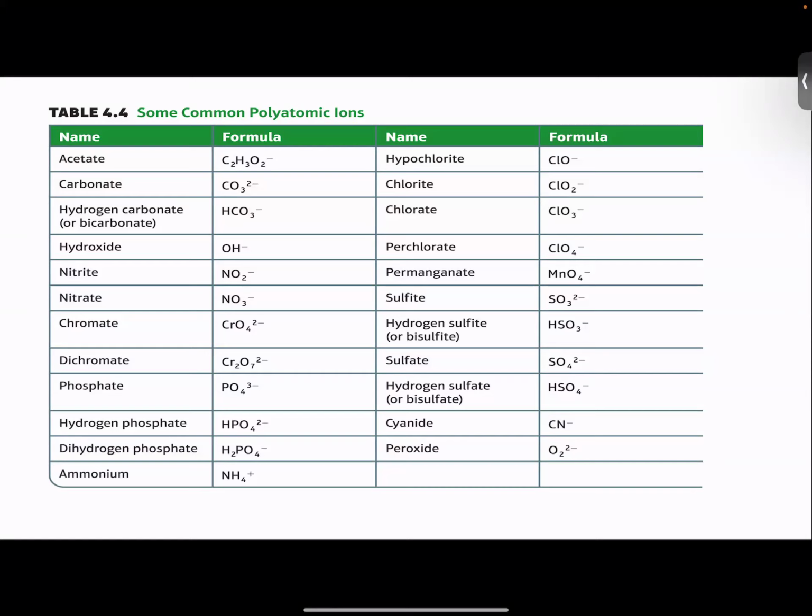This huge monster of a list I gave you of polyatomic ions, you don't have to memorize all of these. Part of these are given to you because you may encounter them on Active or the optional homework.